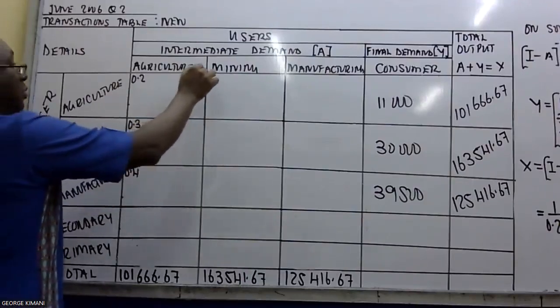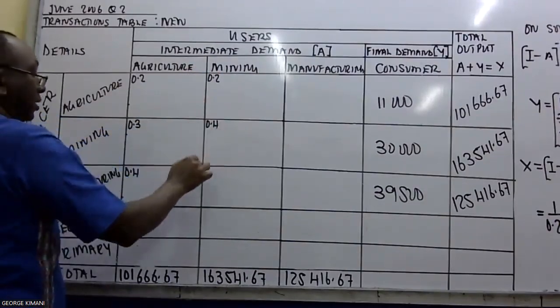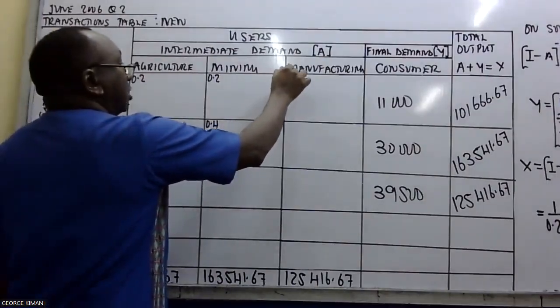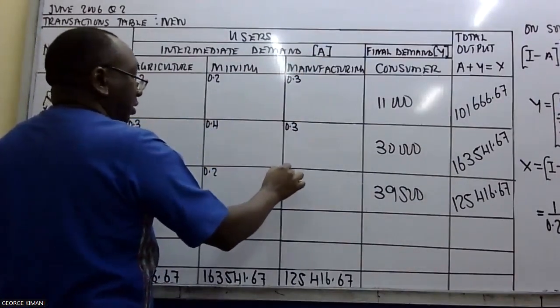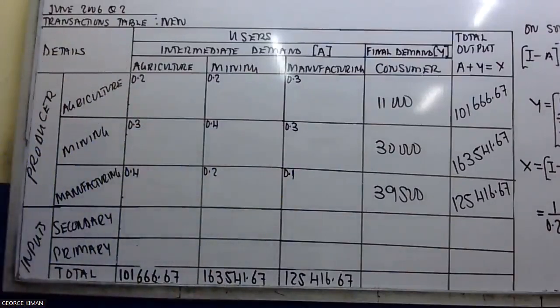Hapa tukapata 0.2, hapa 0.4, hapa 0.2, hapa tukapata 0.3, 0.3 and 0.1.